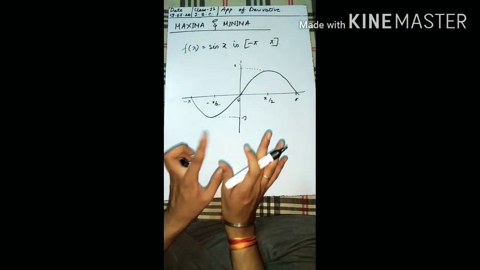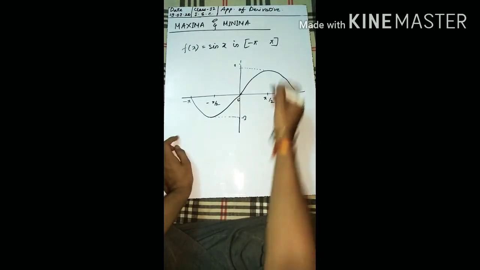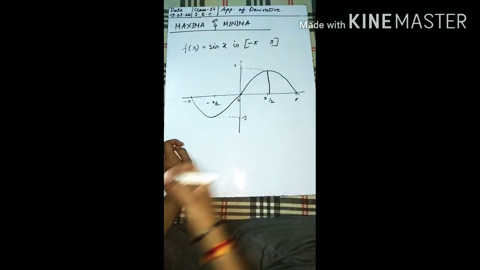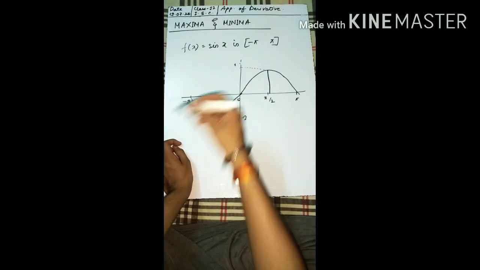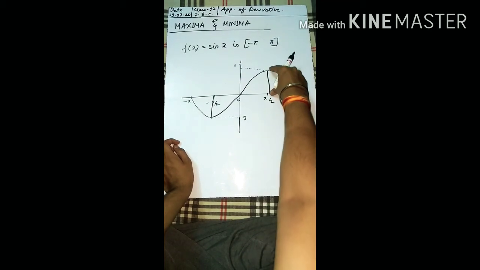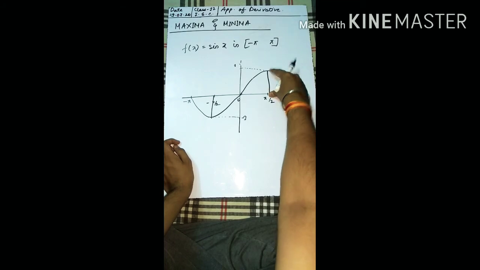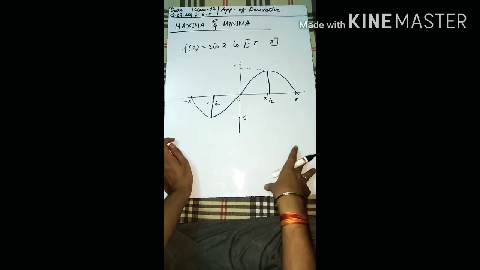Now from the graph we can easily analyze that this is the maximum value and this is the minimum value of your graph. Your maximum value, that means the maxima. Now this condition is called the maxima and this condition is called the minima.